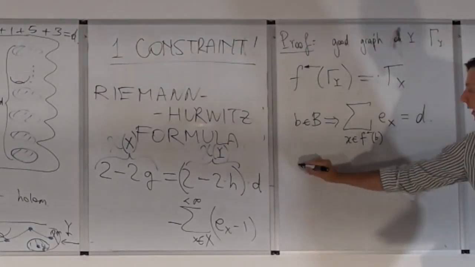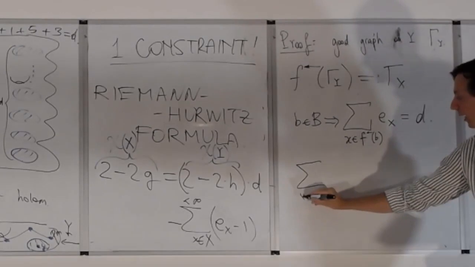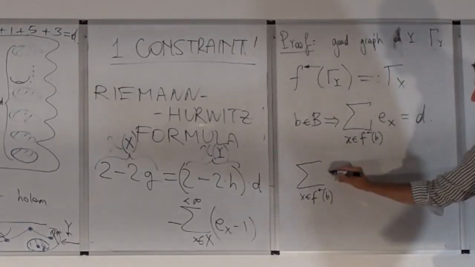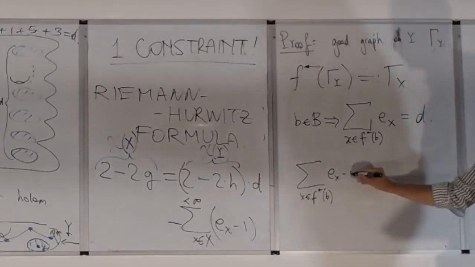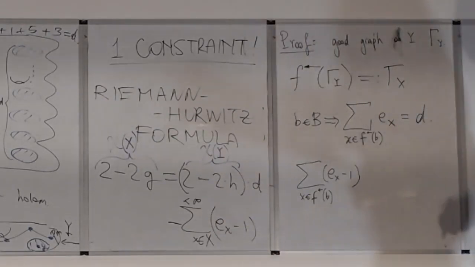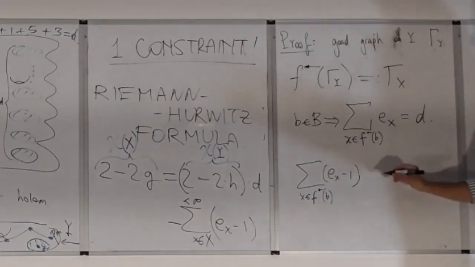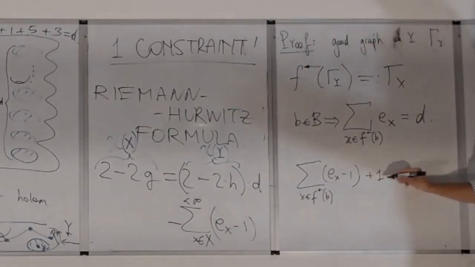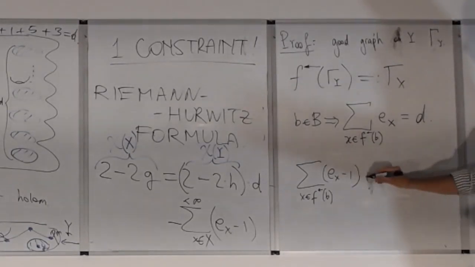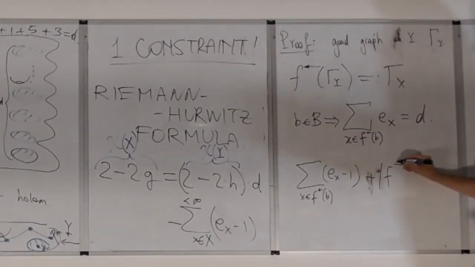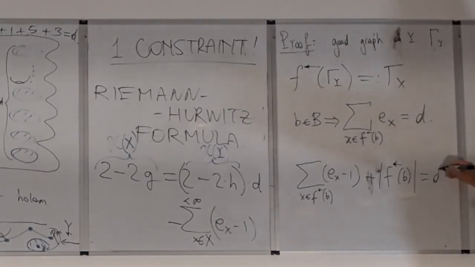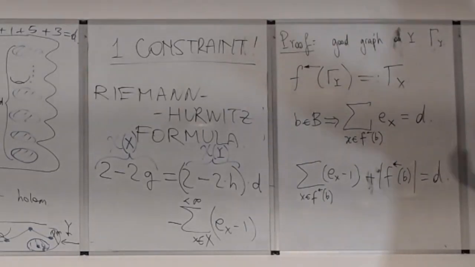I want to write now the sum of the same thing, x in the preimage of b, but now I want to write e_x minus 1. I want to write this because I want to prove this formula. So if I write minus 1, I have to write plus 1. But if I write plus 1, I can bring it outside of the sum, and instead of writing plus 1, I can write plus the cardinality of the preimage. Yes, this is an epic moment, so we need some epic music.